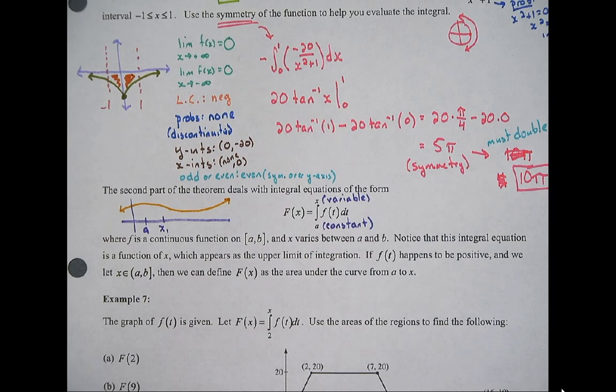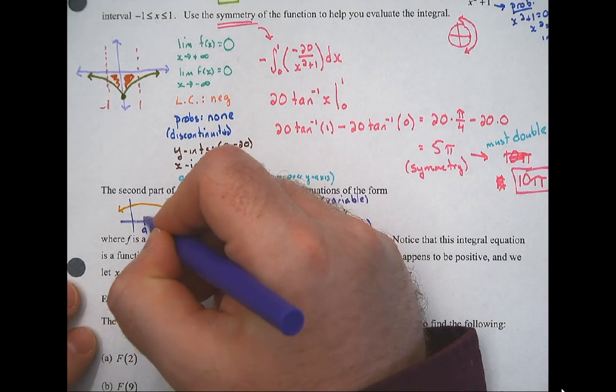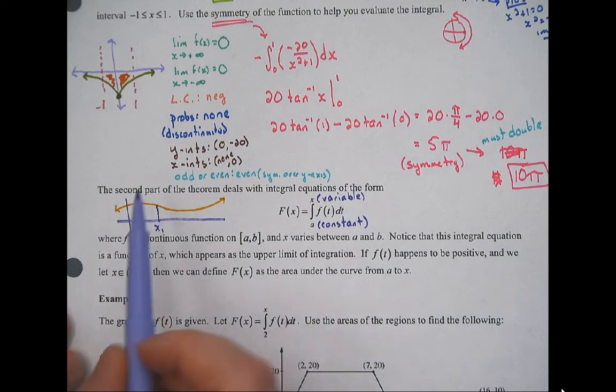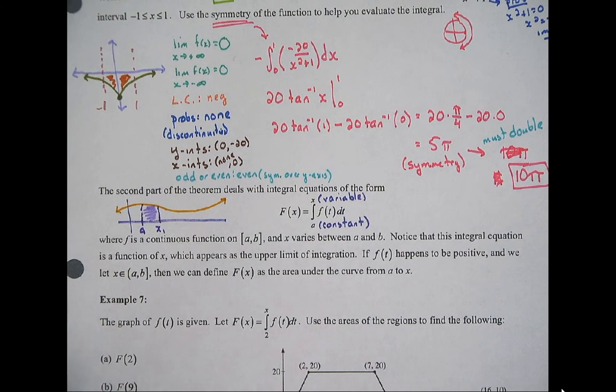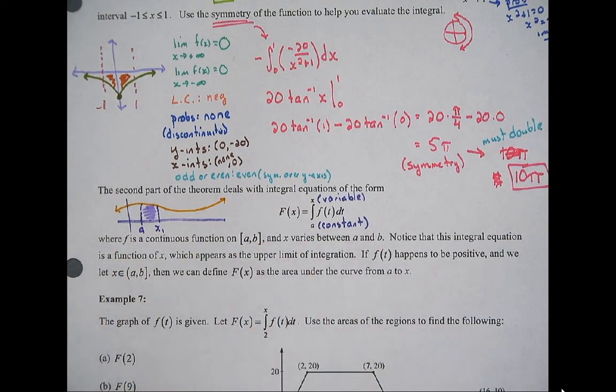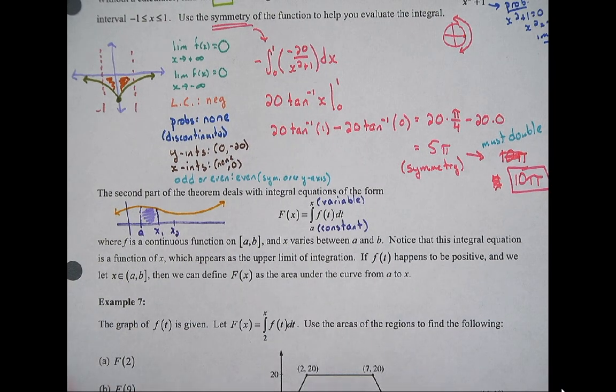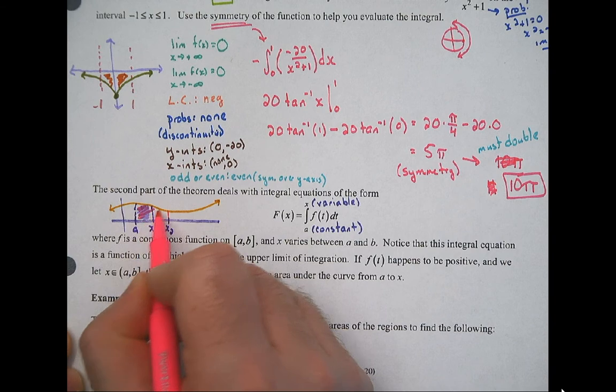Well, that means that my area then goes from there to there. And so my first area is here. And then I could also extend that a little bit and go to x2. Now x2 is going to take that area and stretch it out, and it's going to give me another value.